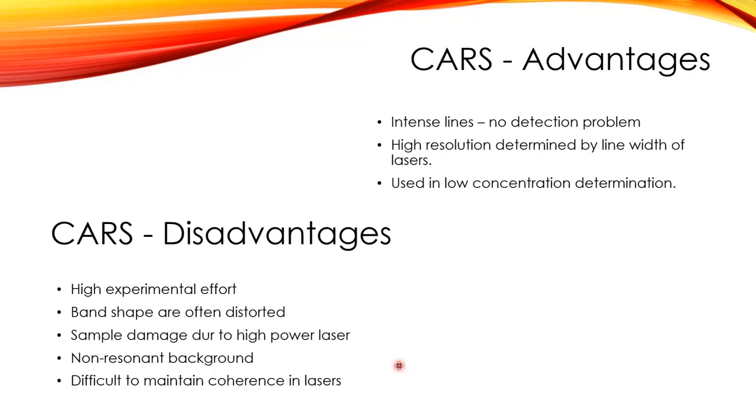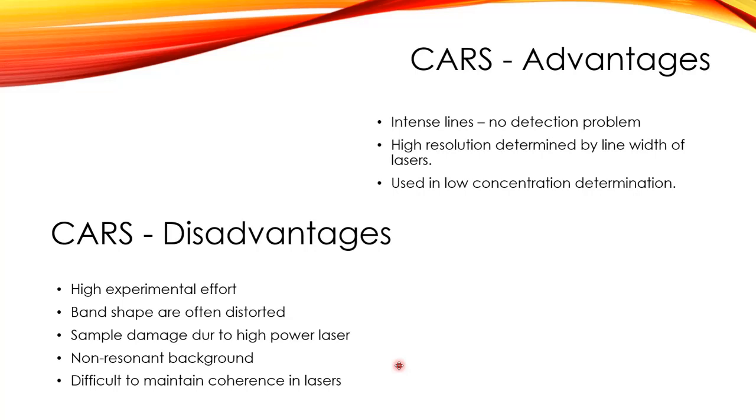The band shapes are often distorted. The samples are likely to be damaged by focusing high power laser beams. The non-resonant background can be troublesome. It may be difficult to maintain the required coherence of the light beams over anything but a short period of time.